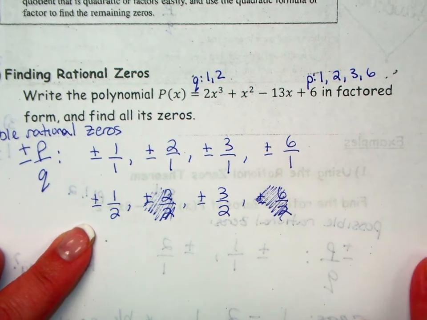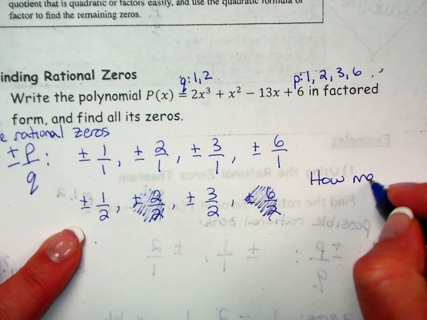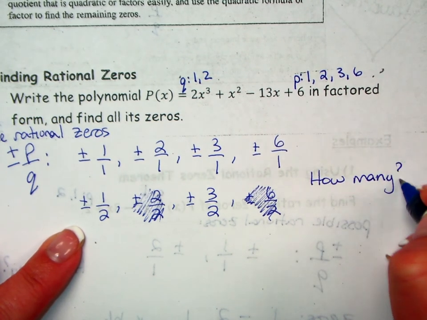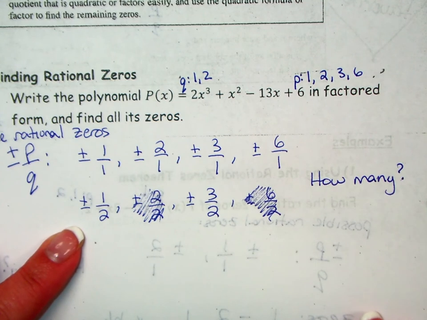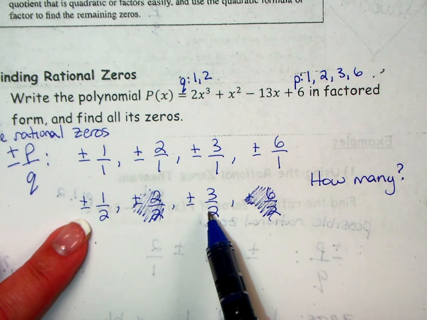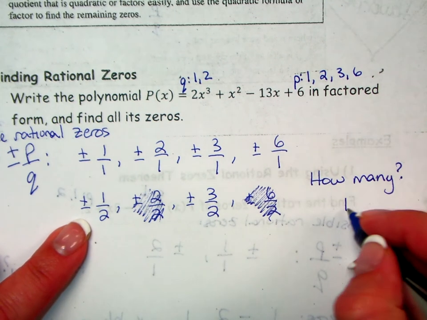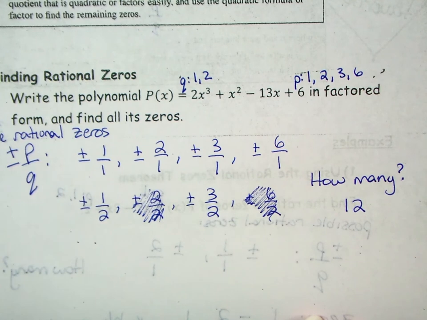All right, so how many possible unique rational zeros do we have? 1, 2, 3, 4, 5, 6. But remember, it's not just 6. We have to double that because we have positives and negatives. So we have 12 possible rational zeros.